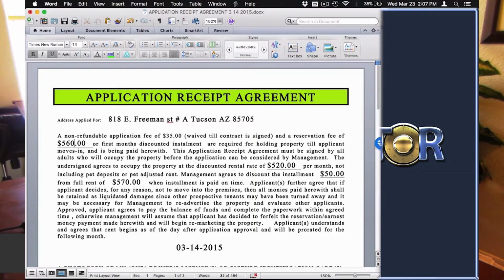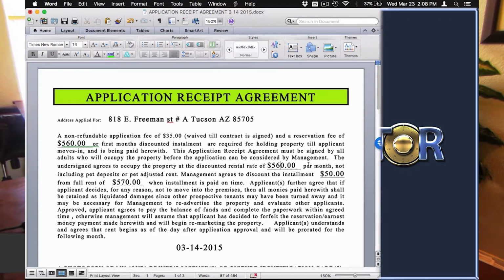So what the application receipt agreement says is that we're going to take a discounted installment of $560, and that's required for holding the property until the applicant moves in and starts paying rent. This receipt agreement is signed by all the adults in the application, and they understand that this is a discounted rate per month of $560.